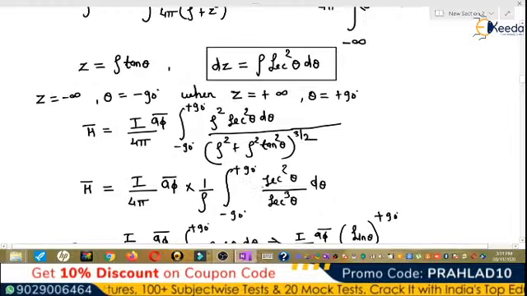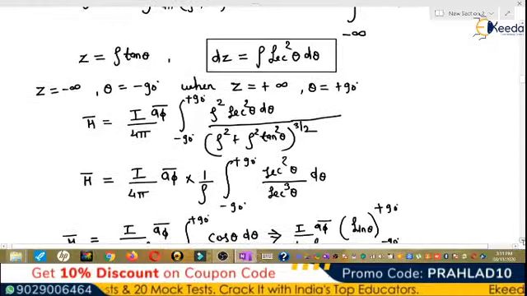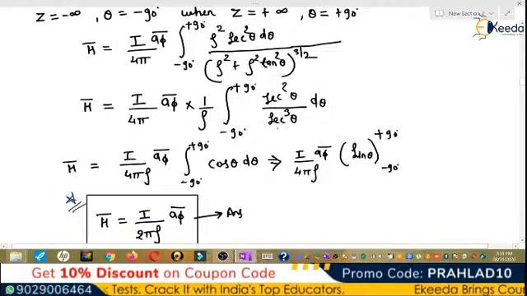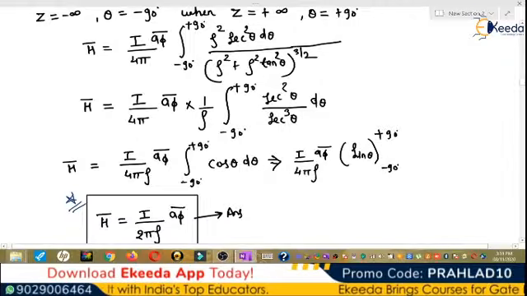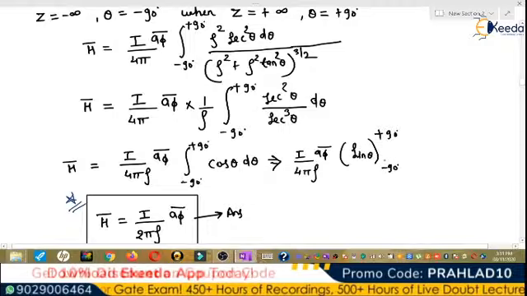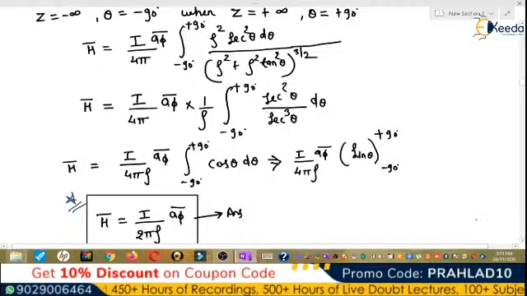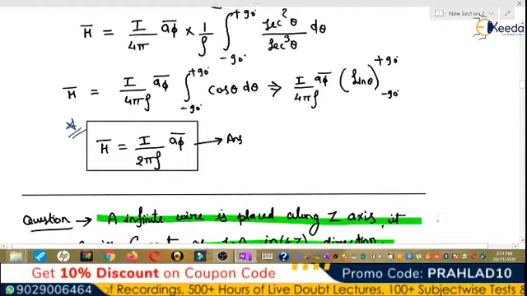So it is the integral from minus 90 to plus 90 of sec square theta by sec cube theta. This will cancel, and 1 over sec theta will remain. 1 over sec theta is cos theta, and the integration of cos theta is sine theta. So it is I by 4 pi rho times sine theta from minus 90 to plus 90. When we solve it, sine 90 minus sine of minus 90 is 2. So the answer is I by 2 pi rho, direction is a_phi. This is the magnetic field intensity due to an infinite length current carrying wire.